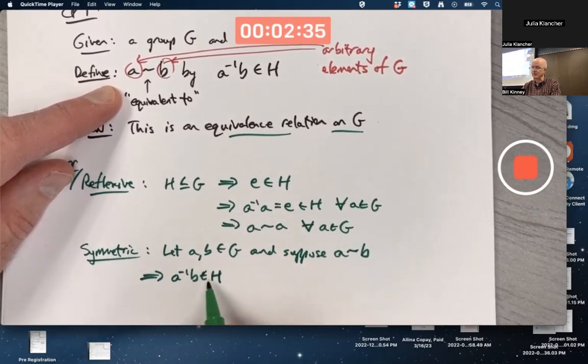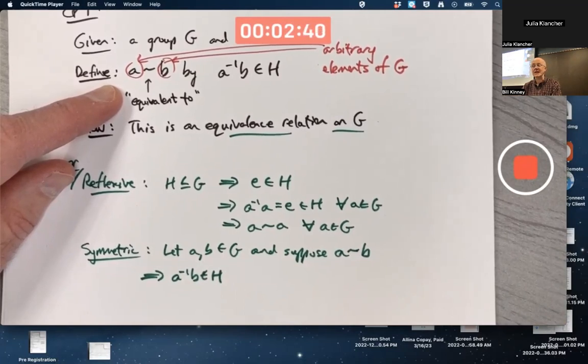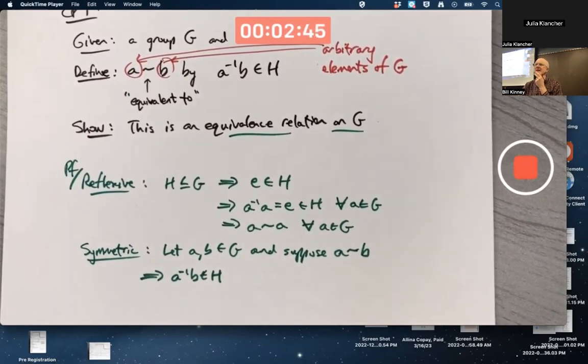We're talking about relating it to the subgroup H. We know A inverse B would be in G. What do you think is the trick here? It is related to the fact that H is a subgroup of G.